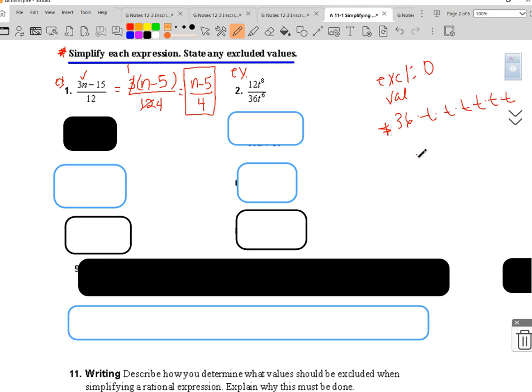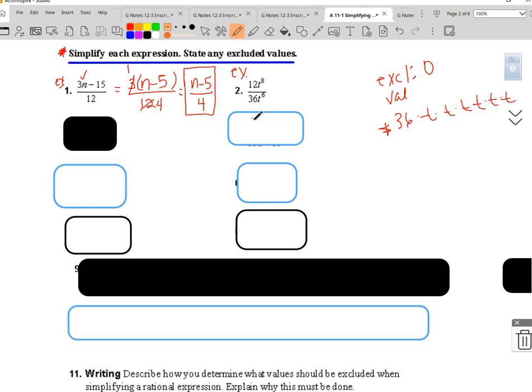But the only way to multiply and get 0 is to multiply by 0. You can't divide by 0. So since the only operation in that denominator is multiplication, the only possible value that would make the denominator 0 is 0.